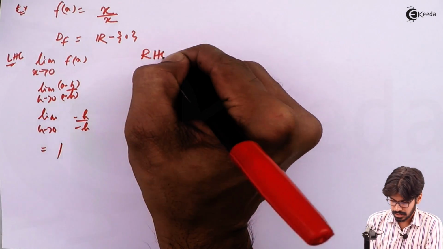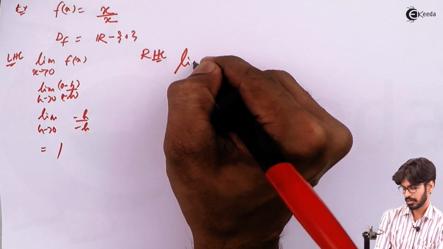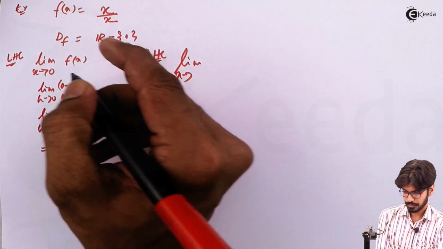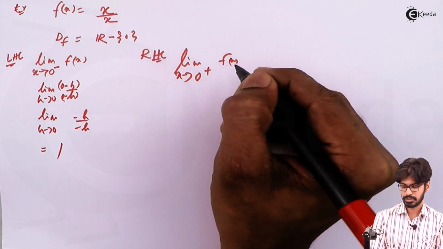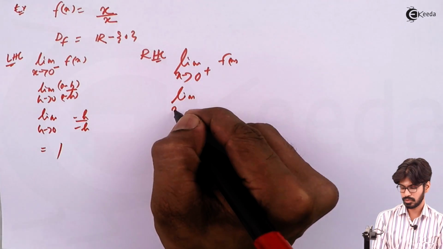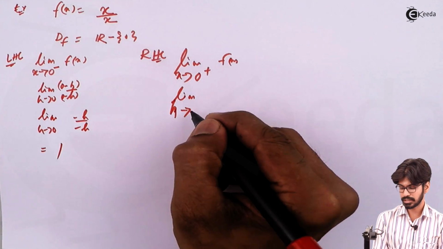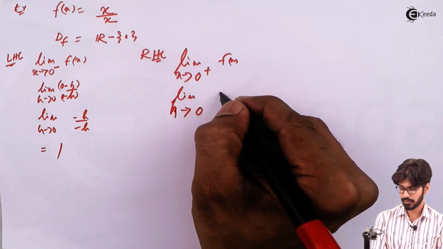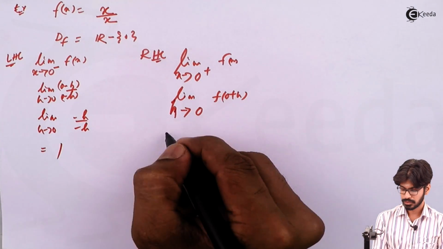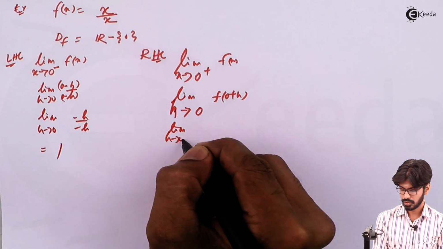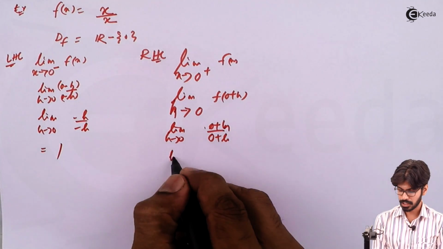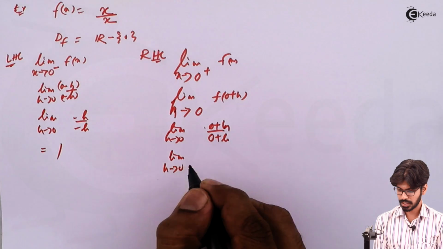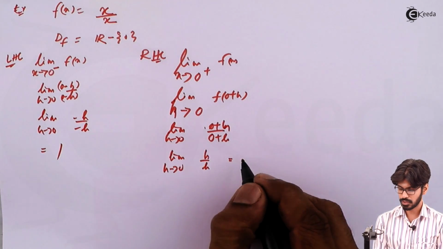Similarly for RHL, limit x tends to 0 plus of f of x, or we can write h tends to 0 and f of 0 plus h, so limit h tends to 0 of 0 plus h upon 0 plus h, that will become limit h tends to 0 of h upon h, which is equal to 1.